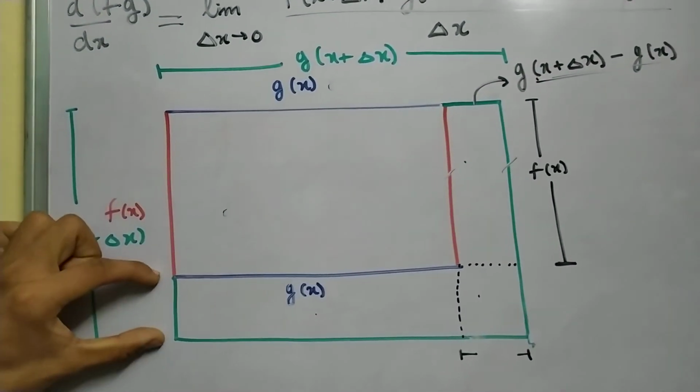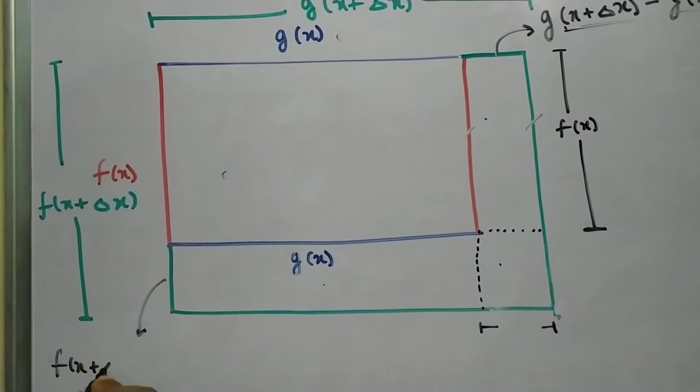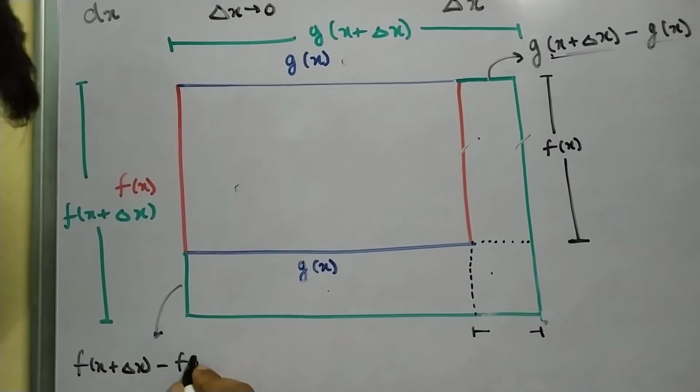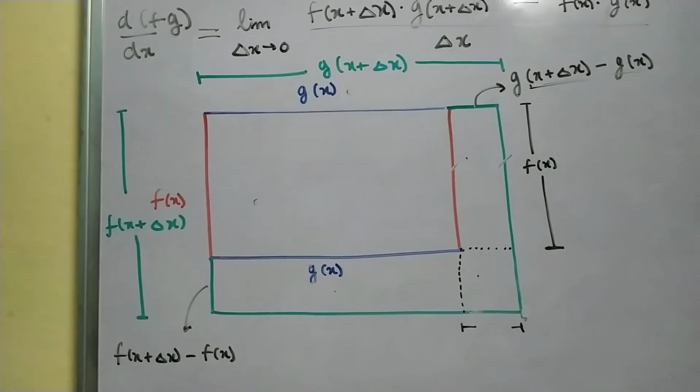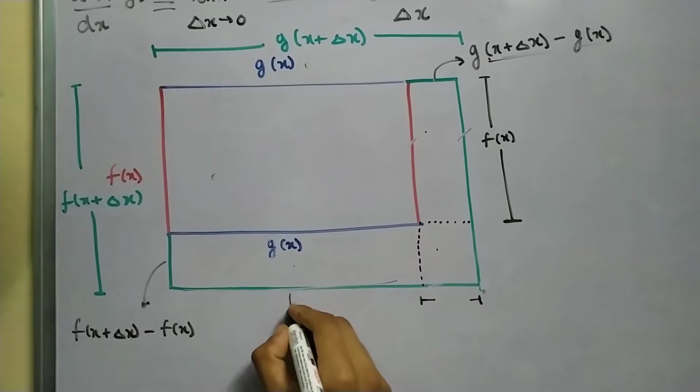Similarly, this length will be f of x plus delta x minus f of x, and this length will be g of x.